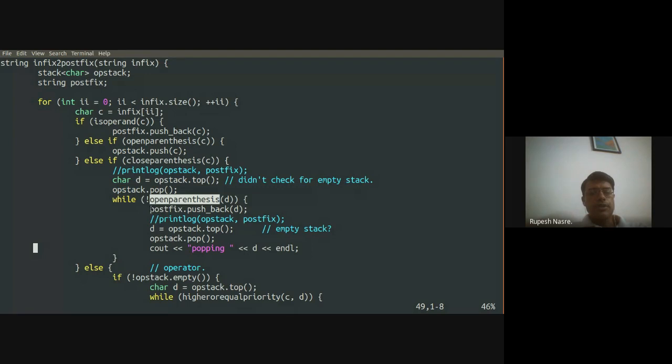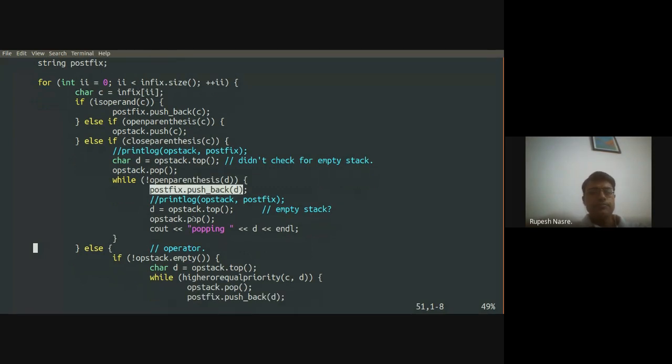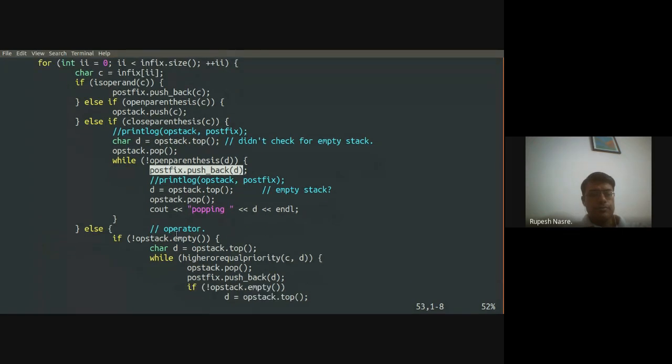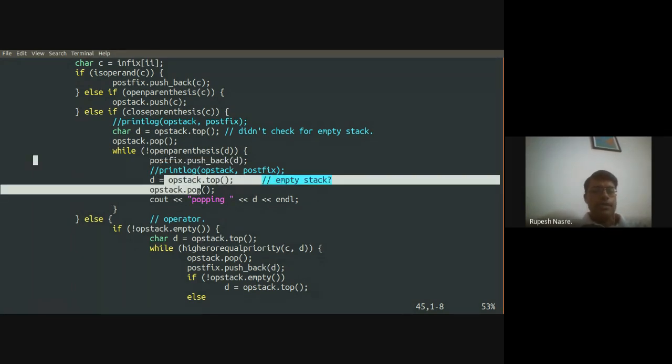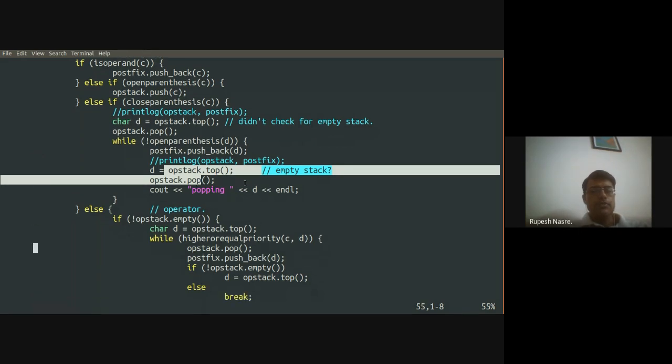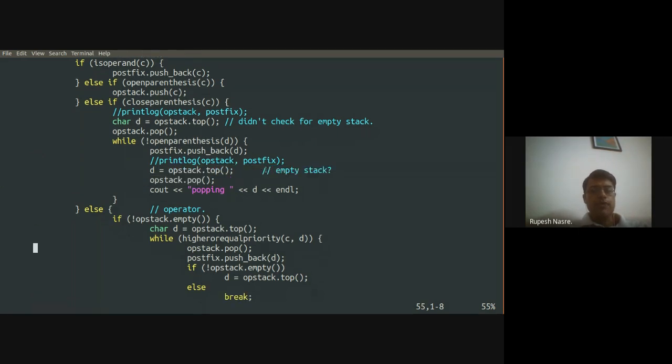And as you encounter the elements, you just go on popping them and pushing them to the postfix string or printing them to the output, and then we go on popping the next element, and this happens repeatedly. Right?